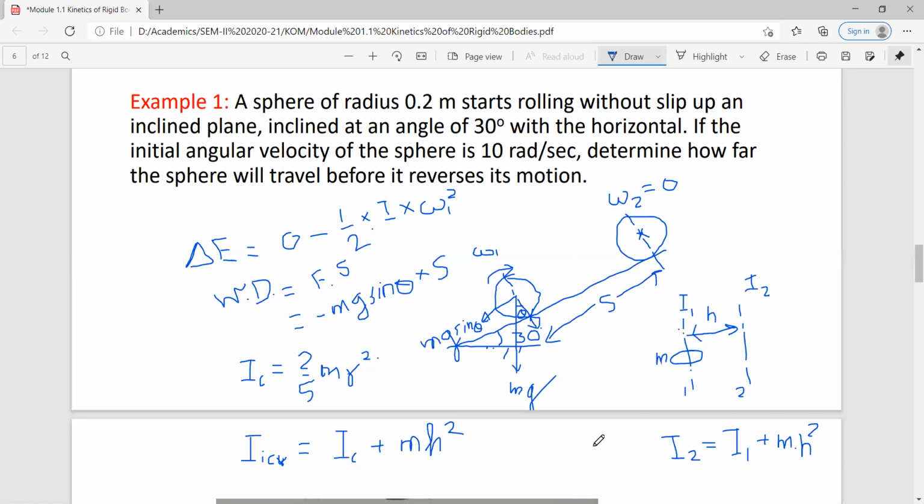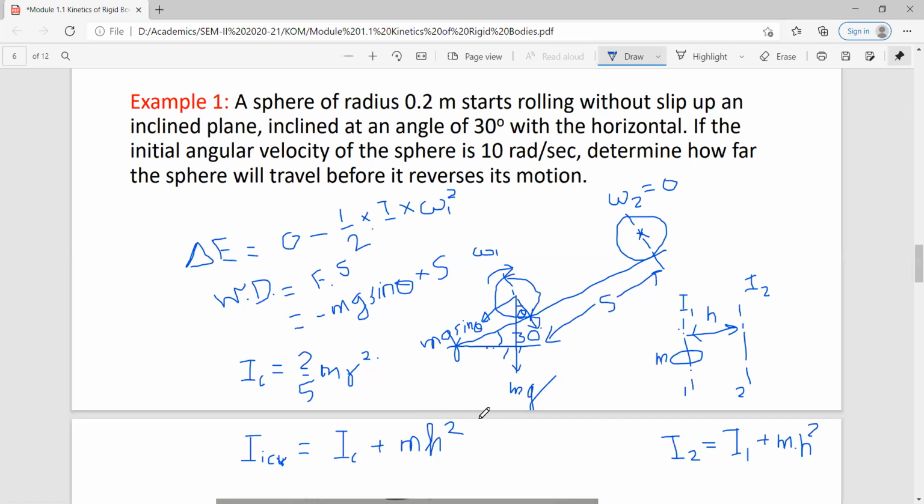So the same concept we have applied. We know the mass moment of inertia about the centroid, but we want the mass moment of inertia about the point of contact, because the sphere is not turning around the centroidal axis, it is turning around the point of contact. So with the help of the parallel axis theorem we applied IC plus m into h square.